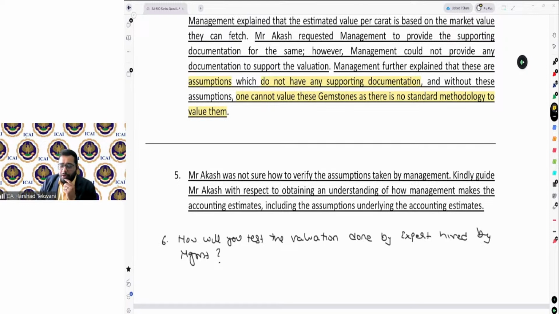How will you test or how will you gather evidence about the valuation done by the expert?